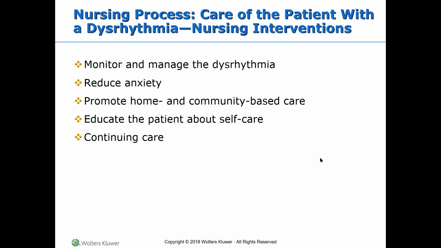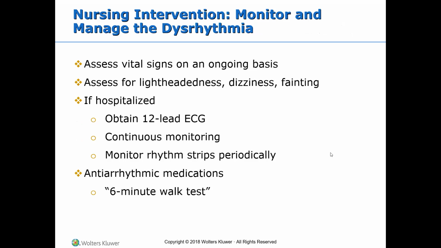How do they keep that edema from forming? And then nursing interventions, monitoring and managing the dysrhythmia. Of course, you're going to assess the vital signs on an ongoing basis. If a patient has decreased perfusion, they can have lightheadedness, dizziness, they could faint. So you want to make sure that you walk them to the bathroom or someone assists them to the bathroom.